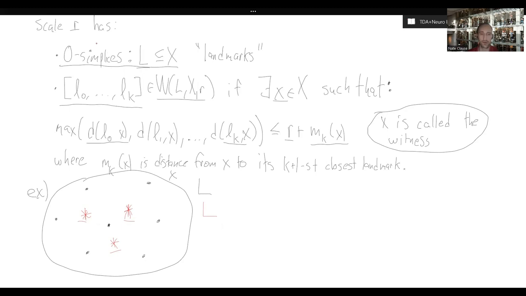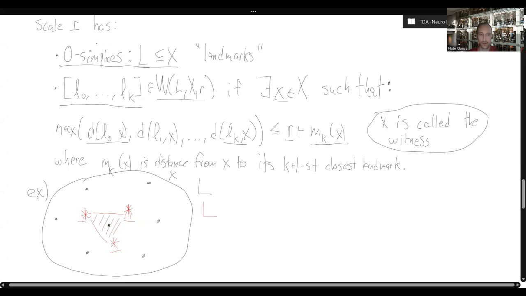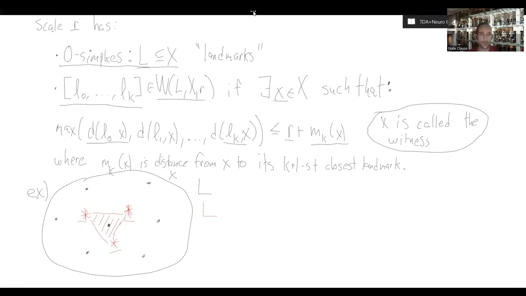So here, if we want to look at when would, say, the 2-simplex between all three zero simplices exist, at what scale parameter r would we know?